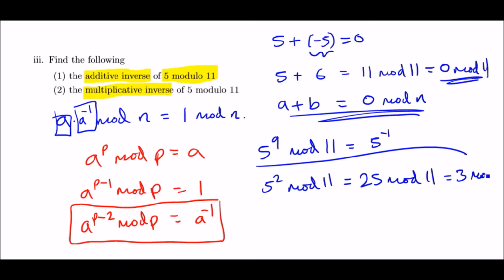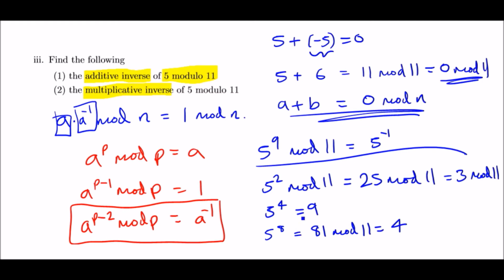So quite straightforward. Always reduce it. So apparently 5 squared equals 3. That means 5 to the power 4, if you square both sides, will give you 9. That means 5 squared again, 5 to the power 8 will give you 81. And 81 mod 11, again, do the same thing, keep subtracting 11. And eventually, when you keep subtracting 11 all the way, you should be left with 4.